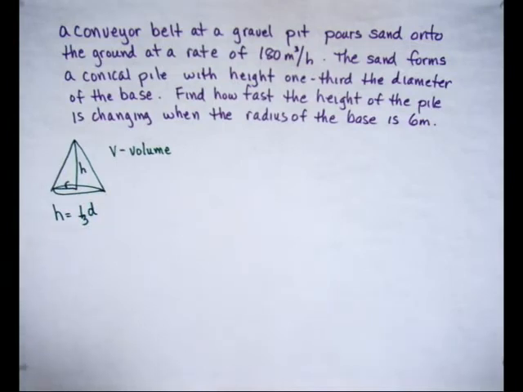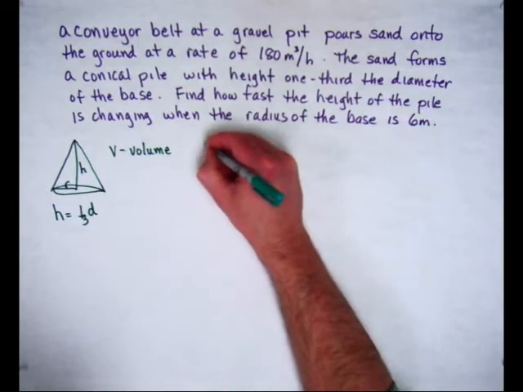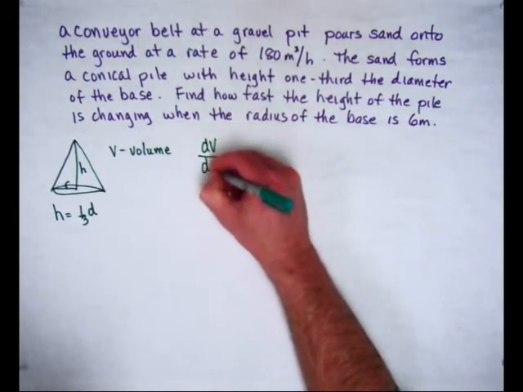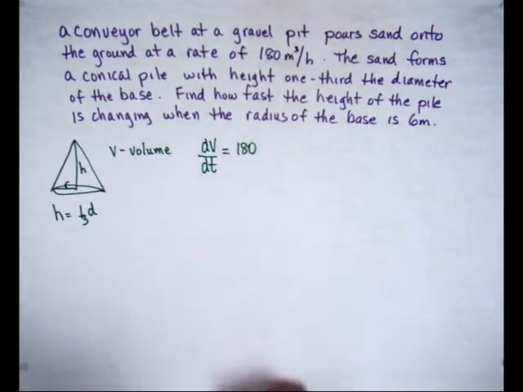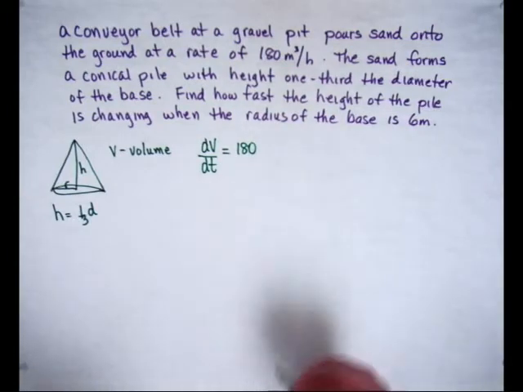So first of all, let's identify our rates of change. We're told that the sand is being poured on the ground at a rate of 180 cubic meters per hour. That's a volume changing. So dV/dt is 180. How fast is the height of the pile changing?